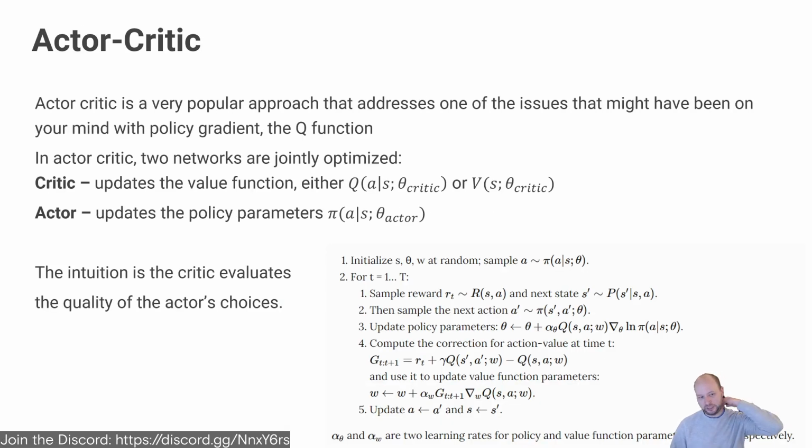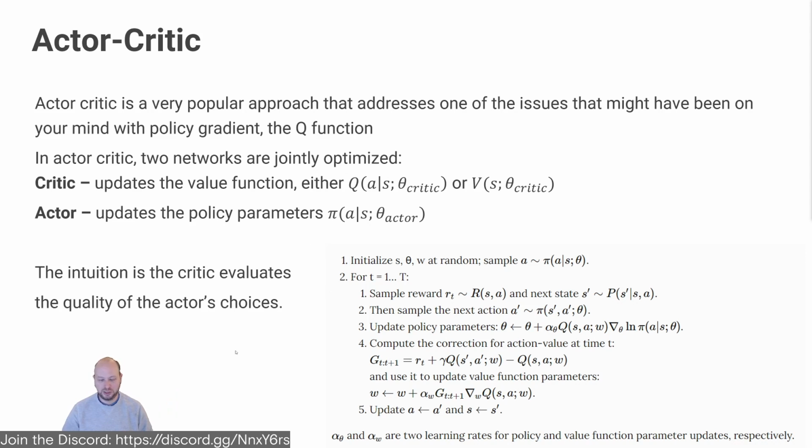So actor critic is a way to marry these two ideas together. Let me move myself over here, right? The critic updates the value function, either the value function or the Q value function, and this is done as a network that is parameterized by a set of parameters that is separate from the actor network, or the policy network, which is basically updating the policy.